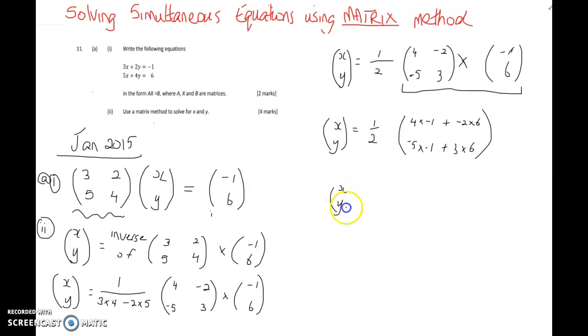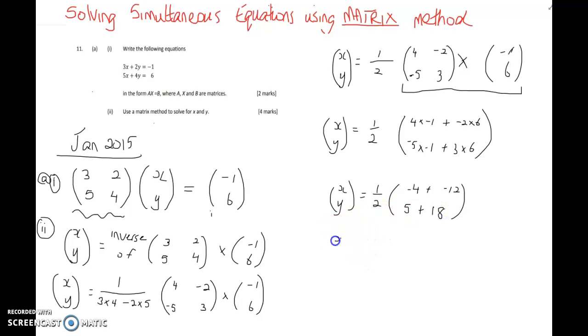Let's simplify that now. So 4 by negative 1 is negative 4, plus negative 12. Then we get negative 5 by negative 1, which is positive 5, plus 3 by 6, which is 18.